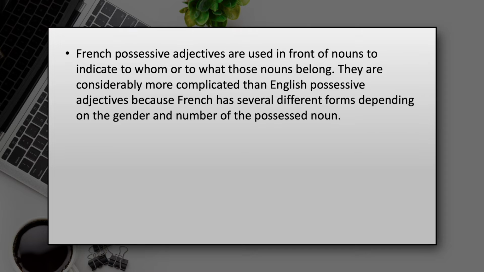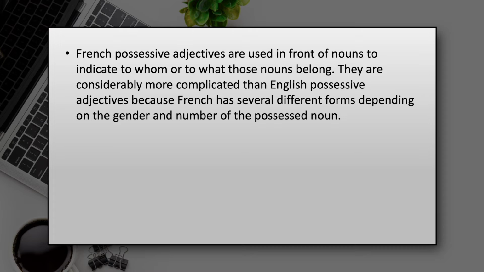I repeat, French possessive adjectives are used in front of nouns to indicate to whom or to what those nouns belong. For example, mon livre means my book, which means the book belongs to me.